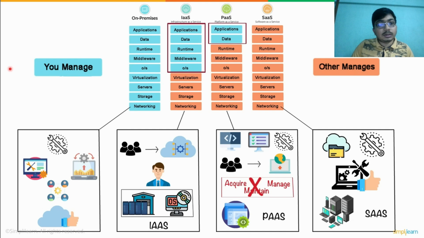On this side in blue, you have all the things that you are managing, and in orange I'm showing all the things that the cloud provider is managing. For on-premise, everything is managed by you. So that is one way.